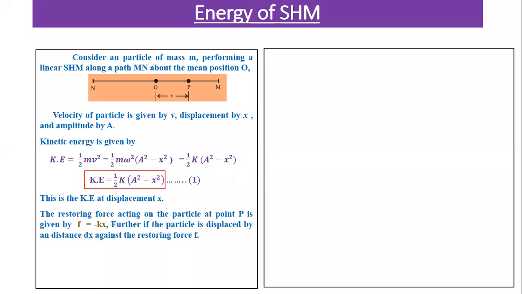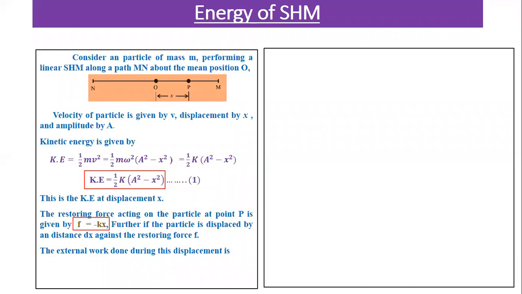Now we obtain potential energy. We consider a restoring force. The restoring force is given by the formula F is equal to minus kx. The negative sign indicates that the restoring force and displacement are oppositely directed. Now, some displacement occurs, so definitely some external work is done to displace that particle.